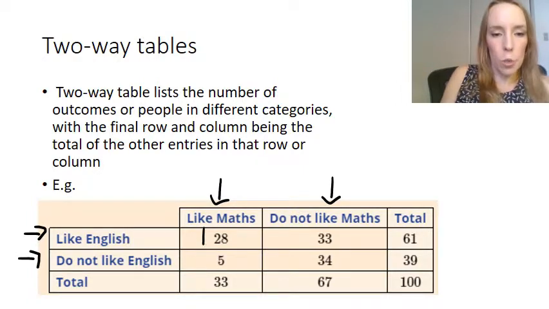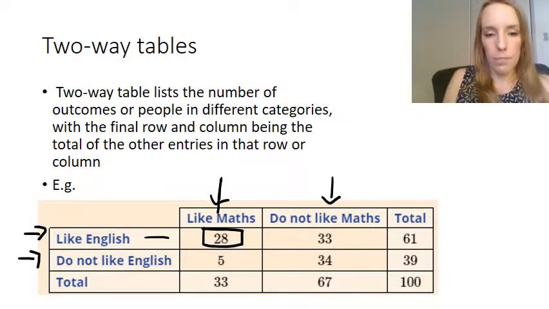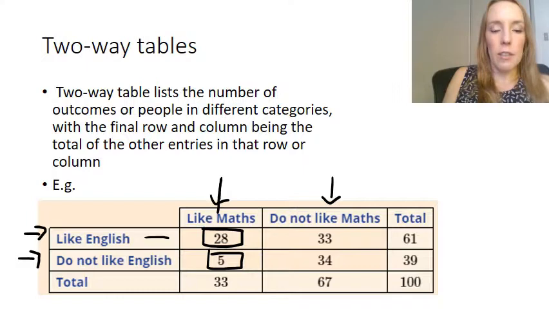So for instance, the 28 students here, if you follow this down, they like maths. If you follow this across, they also like English. So these 28 like both. If we follow that, let's go this one, these 5. They like maths, they're in that column, but if we go across this row, they do not like English. So these 5 like maths, don't like English.